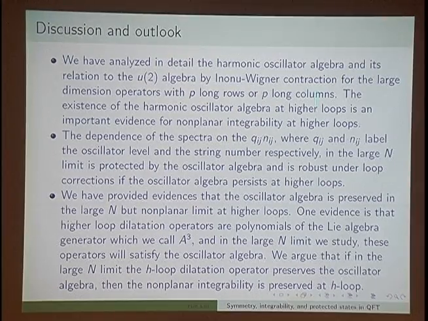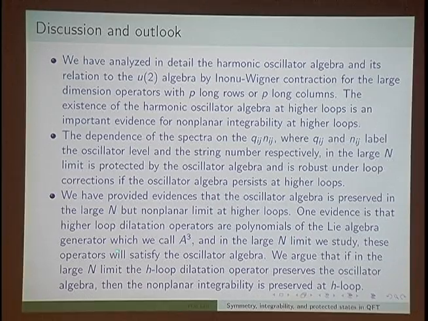So now let me briefly summarize the main conclusions about the oscillator algebra and its role in the integrability in this context. The oscillator algebra itself is rather robust because it can be reached from the U(2) algebra of the two D-branes at strong coupling by Inonu-Wigner contraction. And there is evidence that when this oscillator algebra is present at high loop, the dilatation generators can be diagonalized.